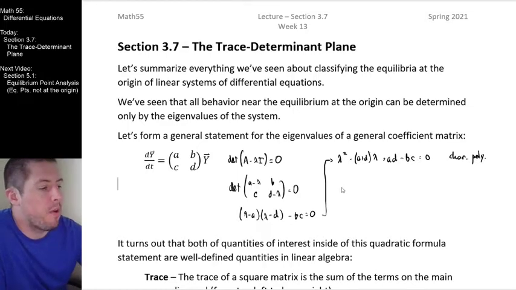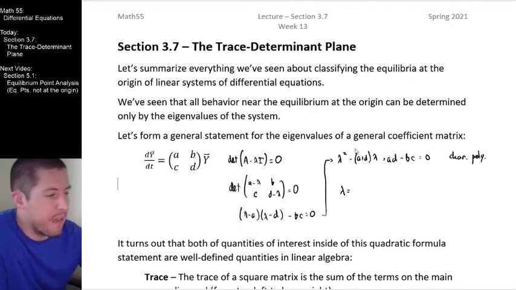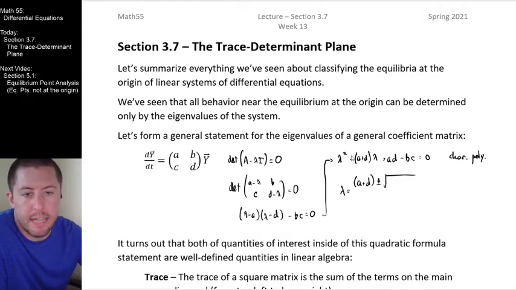and I'm going to go ahead and throw this thing into the quadratic formula now to find my eigenvalues. We can see that according to our quadratic, we've got our a term, our b term, and our c term for our quadratic. My b term is negative (a plus d), so negative b is positive (a plus d). I'm going to keep it in parentheses here. Plus or minus the square root of b squared. Notice that this is a negative right here, so squaring gets rid of that negative.